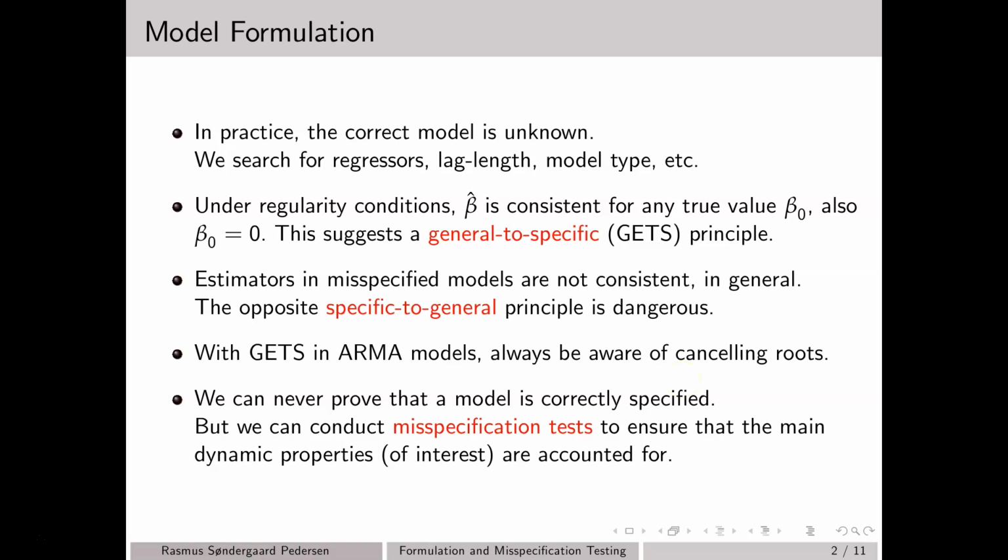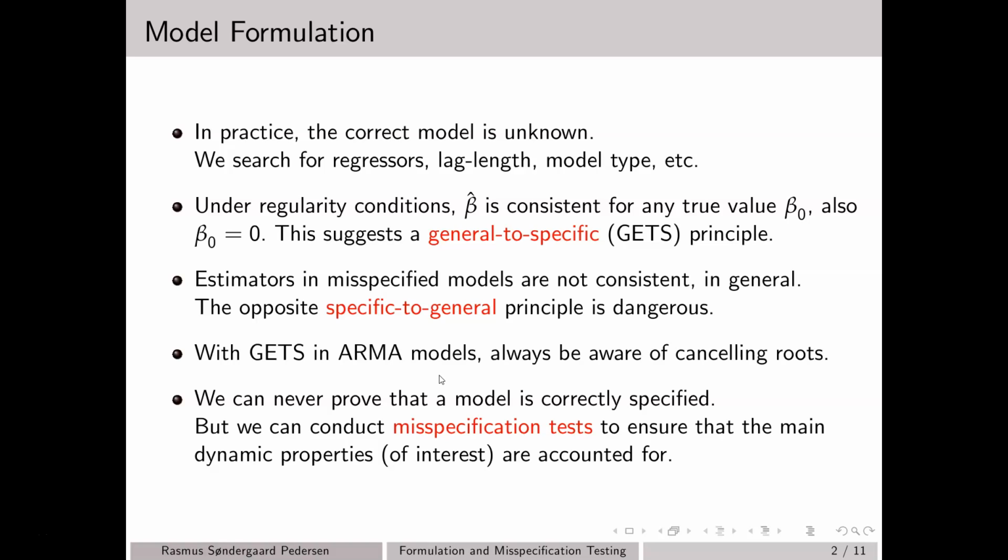We will get back to that later on, but for this kind of models here, it might be a good idea to start out with a fairly general model, but not too large. Note that in practice we can never prove that the model is entirely correctly specified, but the main idea is that we want to build some models that can capture the main features of the data, or at least the features that we are interested in modeling.